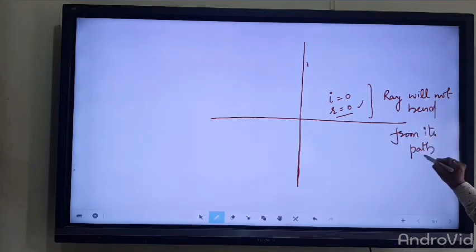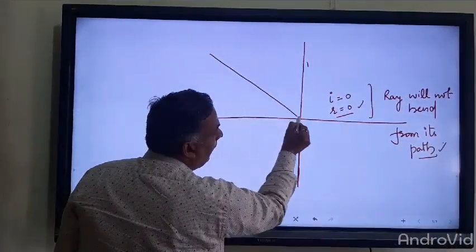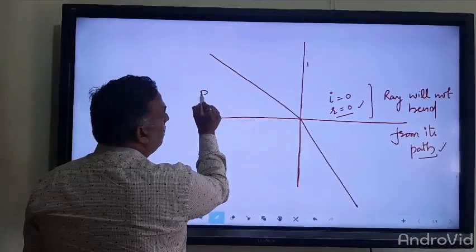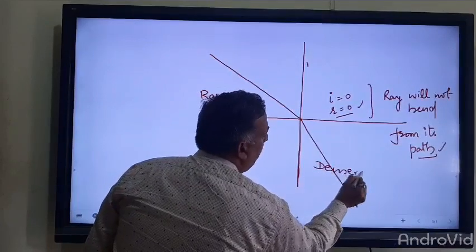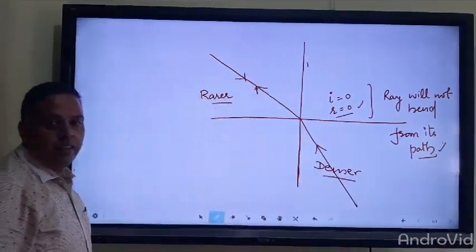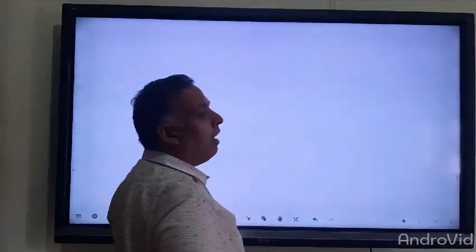It will bend from its path only when it is going obliquely, either from rarer to denser, or from denser to rarer. So these are the phenomena occurring.